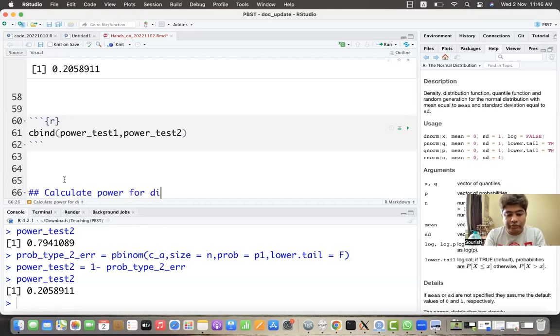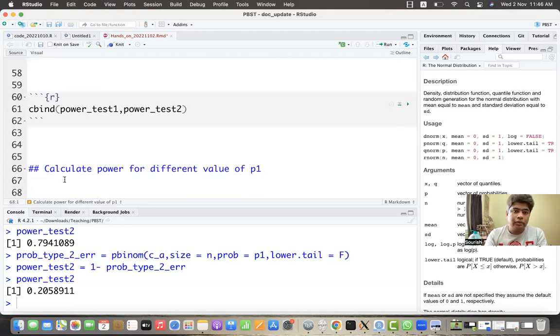For different values of P1. Okay, different values of P1.